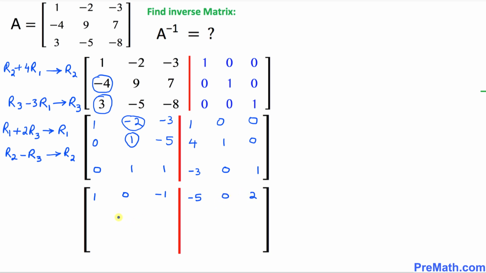In the second row this is going to become 0, 0, -6, and on the right-hand side this becomes 7, 1, -1. This last row is going to stay the same because we did not perform any operation on this row.